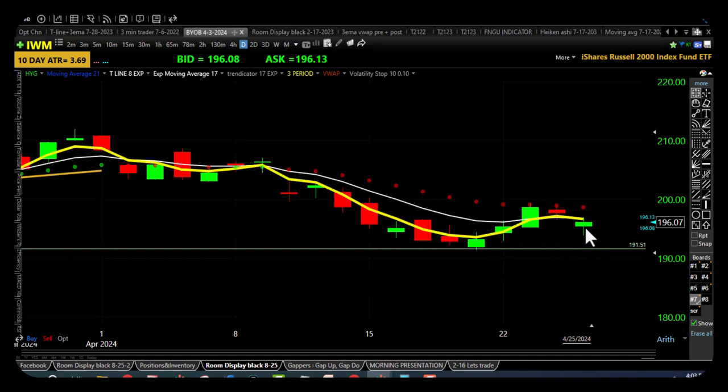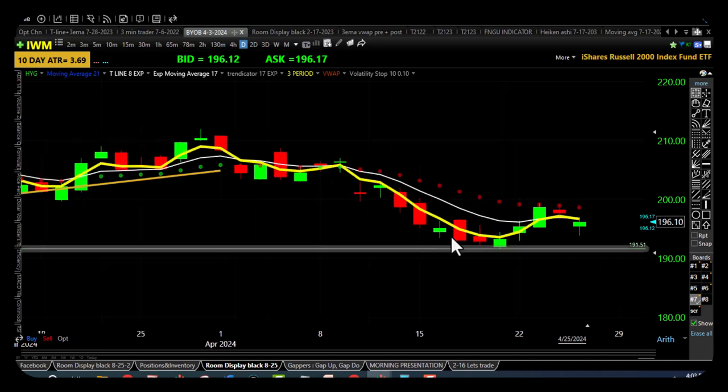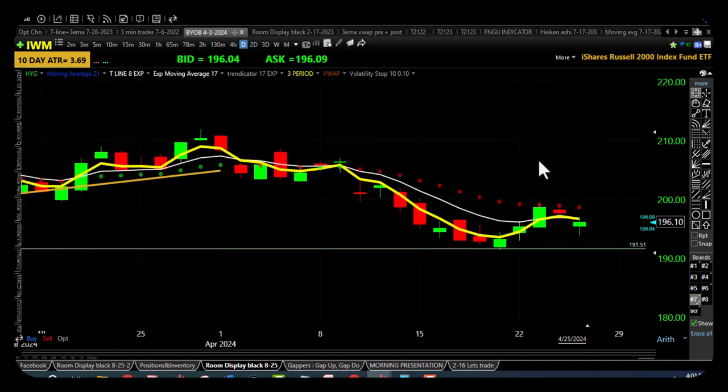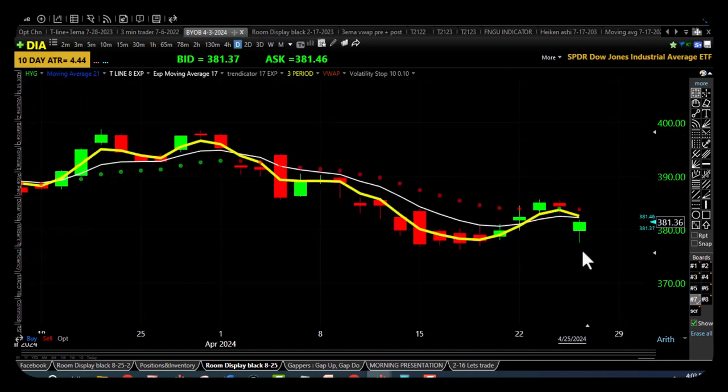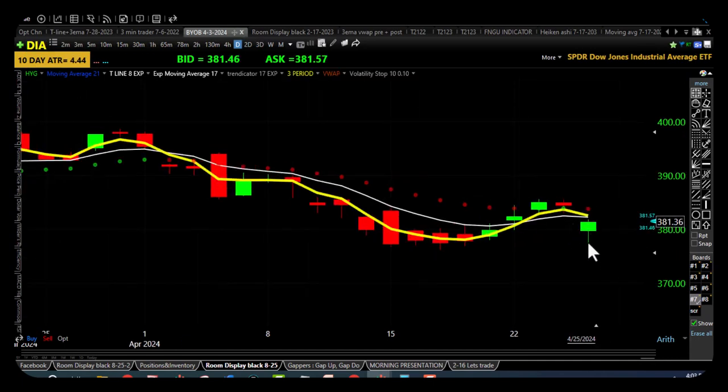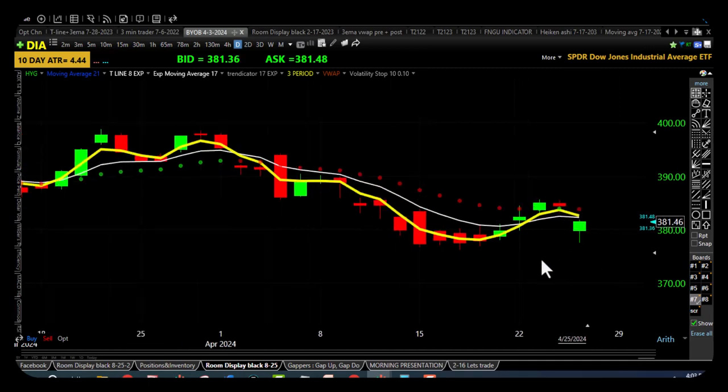Lower high, lower low, closing underneath the bearish cross, underneath the falling 17 EMA. All of the Fab 5 still in downtrends. Diamond Dow: lower high, lower low, closing under the bearish cross, under the falling 17 EMA. Still in a downtrend. Possible higher low right here. We'll see what happens.